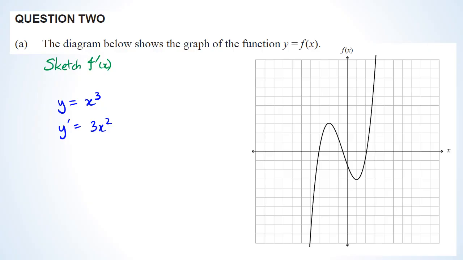But the key important parts are actually finding out where your gradient is 0. So for example, in this case, the gradient is 0 there and 0 there, which means the gradient function has to go through that point there, and it has to go through that point there. Those are the two important parts that you need to have with this gradient function.